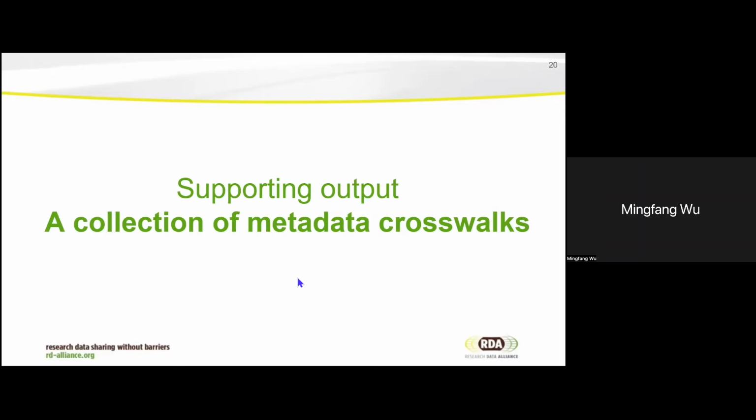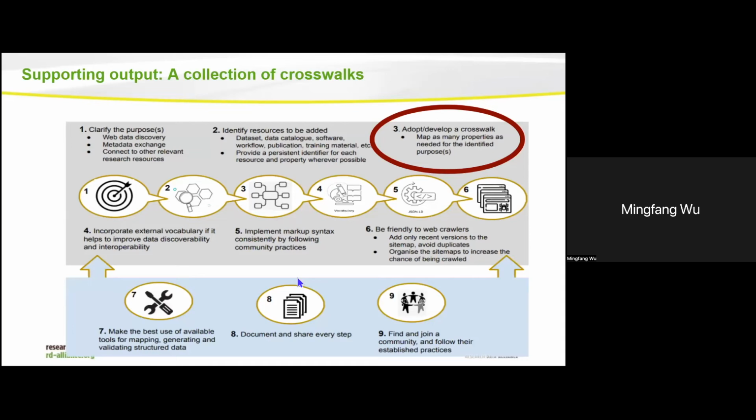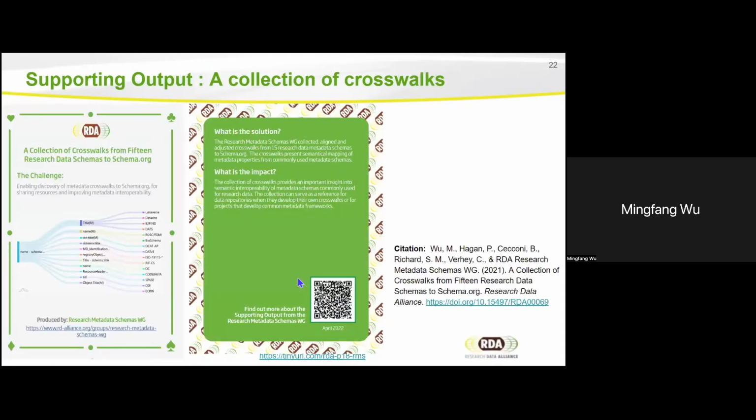Yeah, thank you, Leila. One recommendation from the guideline is to map as many properties from our repository schemas to schema.org as possible. So for that purpose, we collected existing crosswalks, trying to help communities with their mappings.